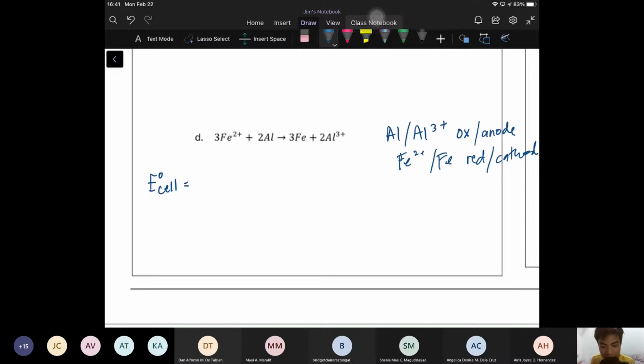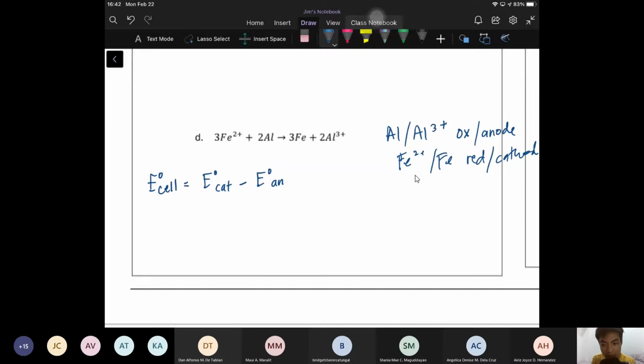So, when computing for the E naught cell, ang equation will be E naught cathode minus E naught anode, di ba? Cat minus an. That will give you the E of the cell. So, ngayon, we know the cathode reaction and we know the oxidation reaction.